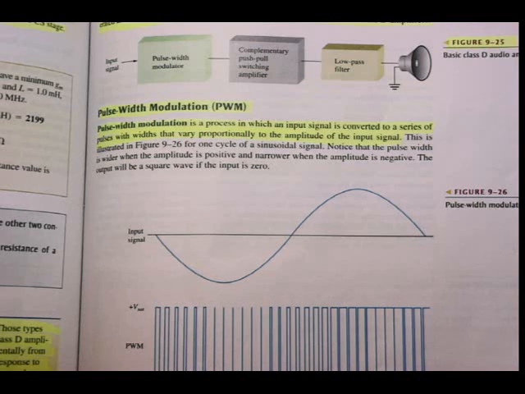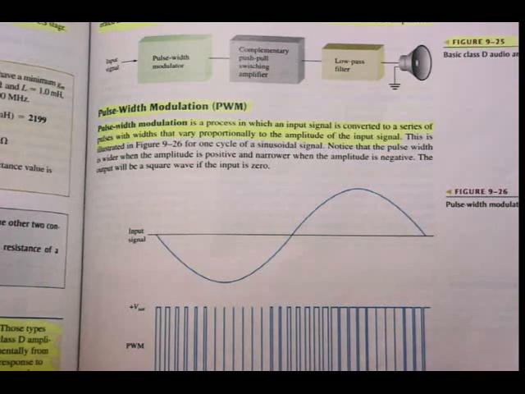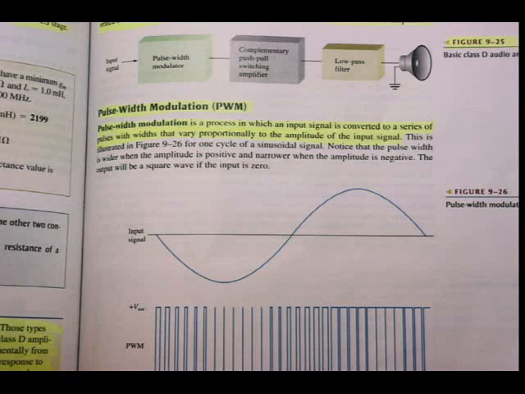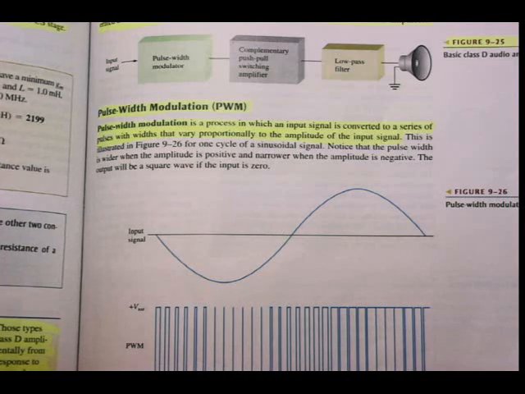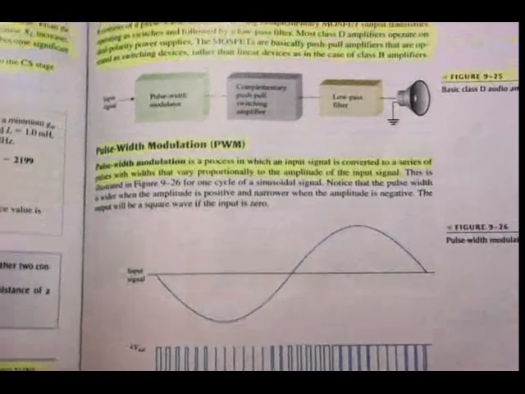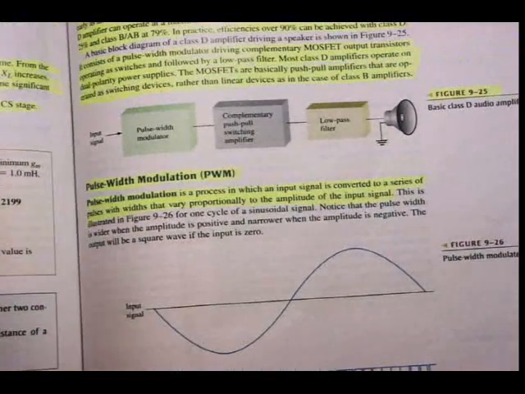Now this is illustrated in figure 926 for one cycle of a sinusoidal signal. Notice that the pulse width is wider when the amplitude is positive and narrower when the amplitude is negative. The output will be a square wave if the input is 0.